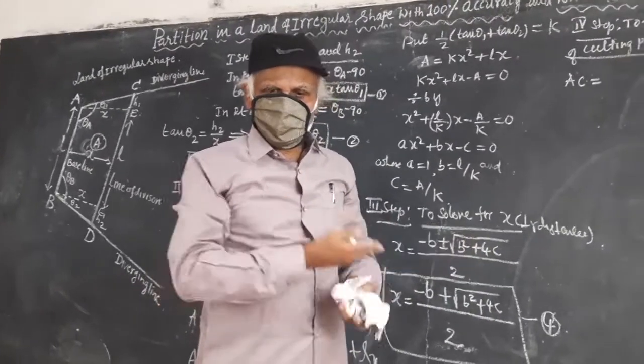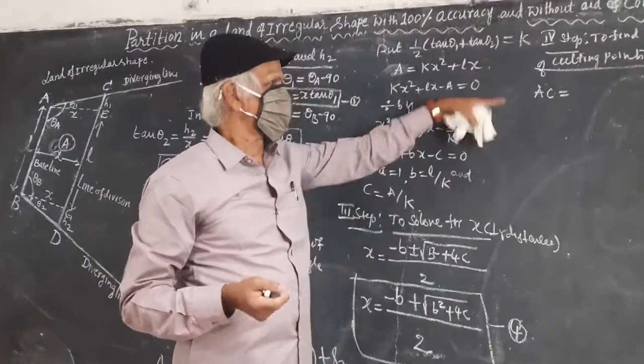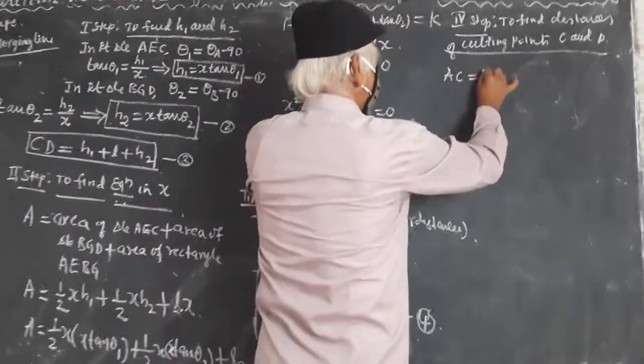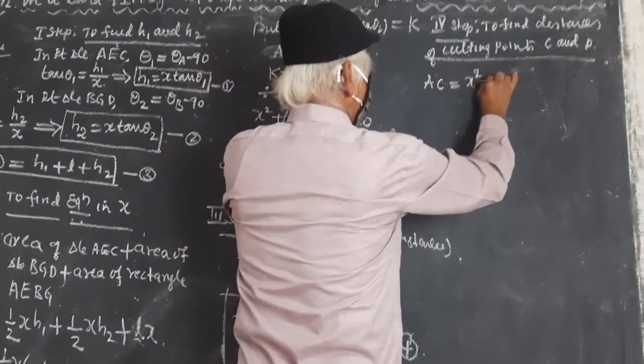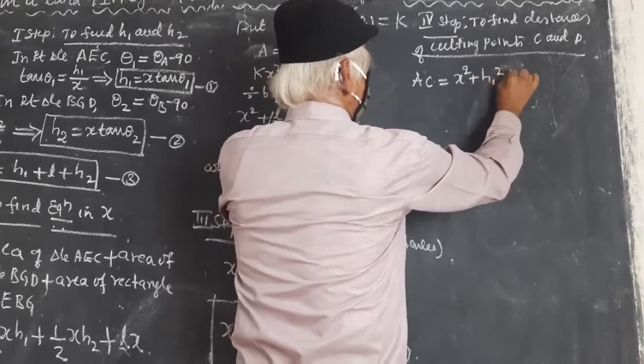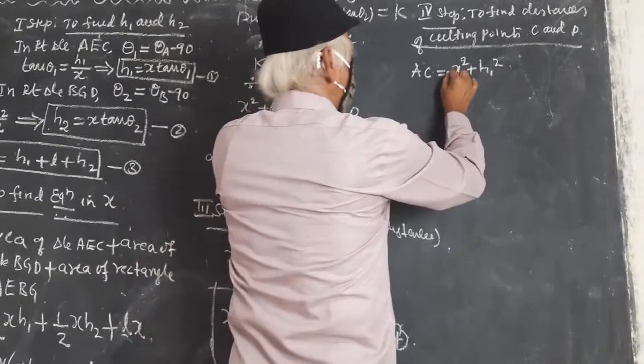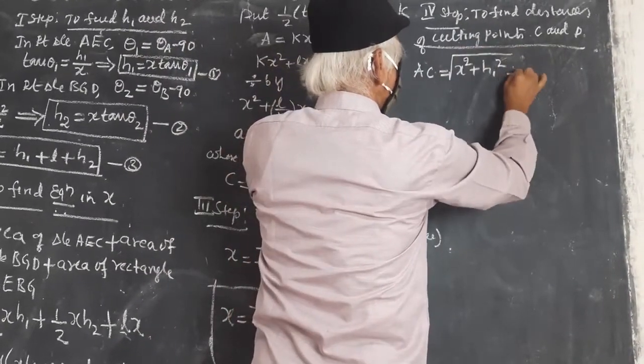Applying the Pythagoras theorem to this, it says the square on the hypotenuse is equal to the sum of the squares on the other two sides. Since we need AC, put a root sign over it.